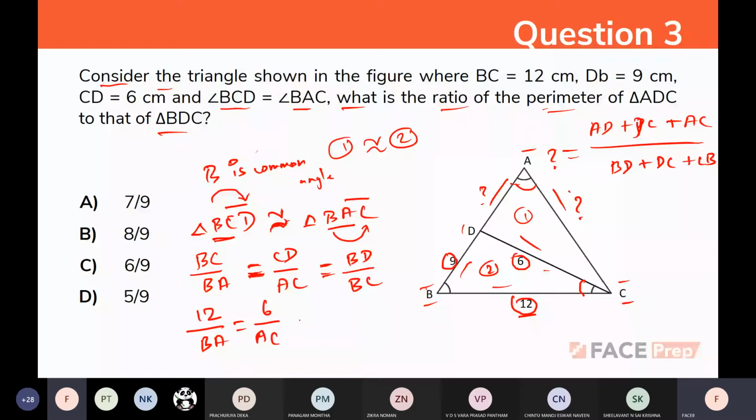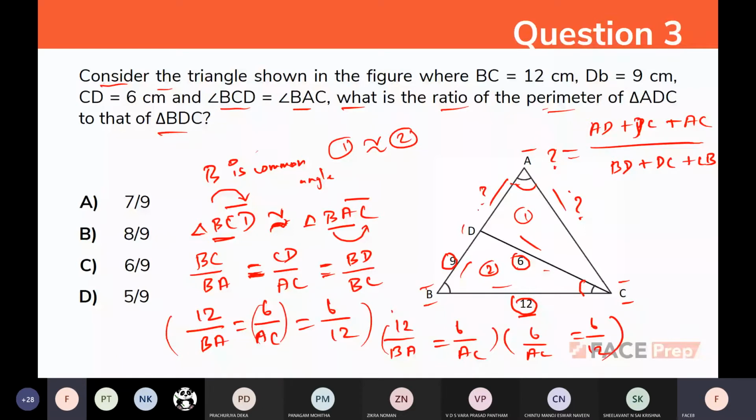We can separate them as pairs. BA equal to 6 by AC is one pair, and 6 by AC equal to 6 by 12 is the other pair.